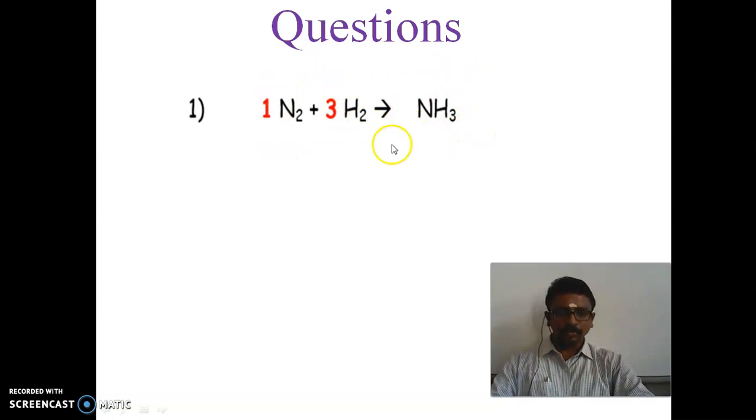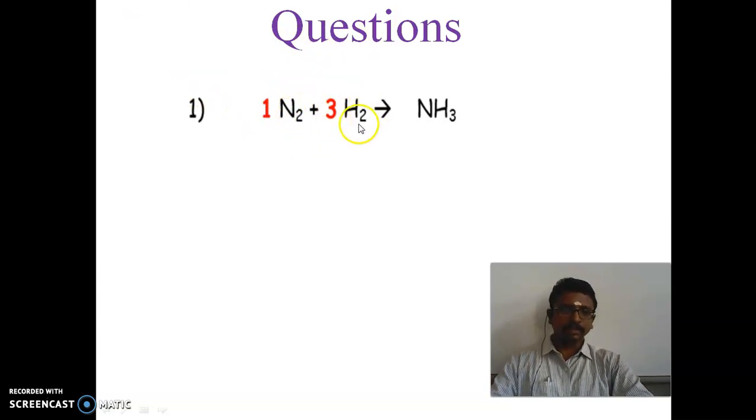Next we have to answer whether the equation is balanced or not. You have to answer this question, children. In nitrogen N2, how many atoms are there? 2.